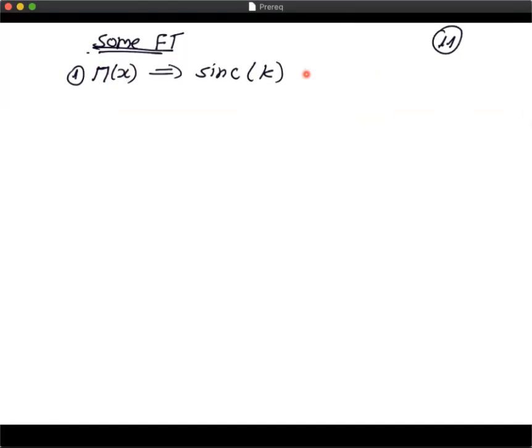That's right. And in that case, the Fourier transform would be a sinc, which is sine of pi k divided by pi k. So a rect becomes a sinc.